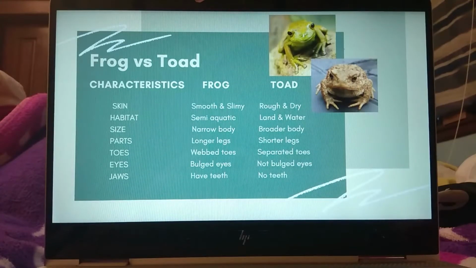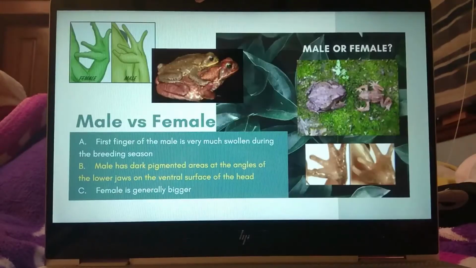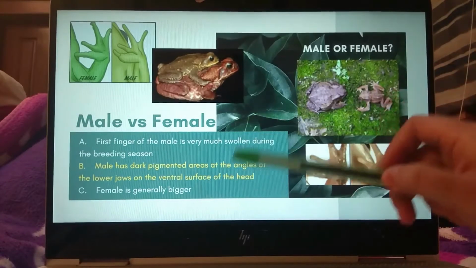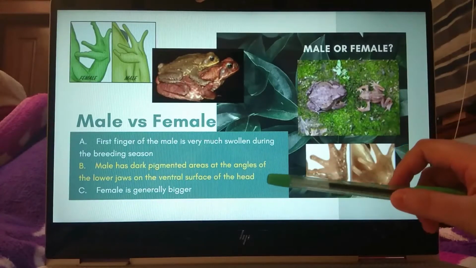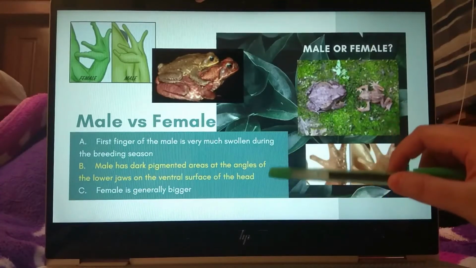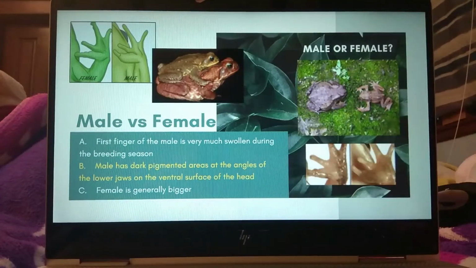Moving on to our next slide, we will now tell the difference between a male and female toad in terms of their external body parts. So we have 3 characteristics that would help us distinguish male or female toads. And here we have the most reliable characteristic that would always be there when the rest of the characteristics fail to show.